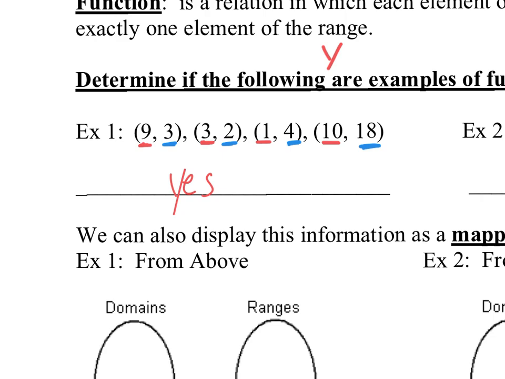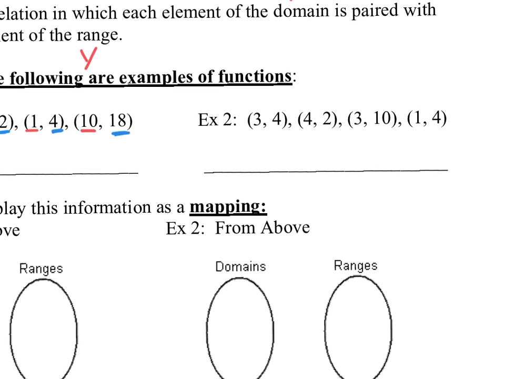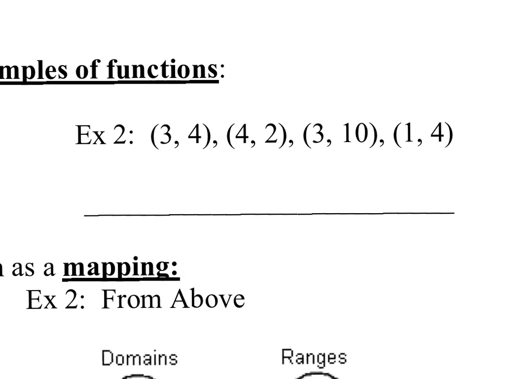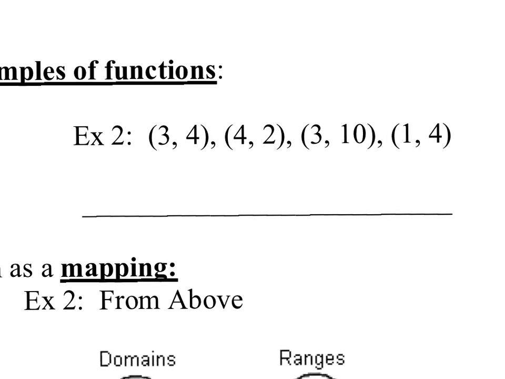Let's go over to example 2 though. Whoa. No. Oh, don't say it out loud. Hold on. Yes, it's a function. Yes, it's a function. Okay, so I underline my x's in red, my y's in blue. Do any of those x's repeat? Yes.